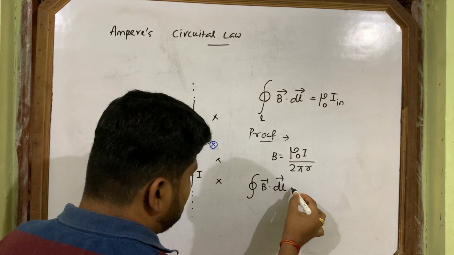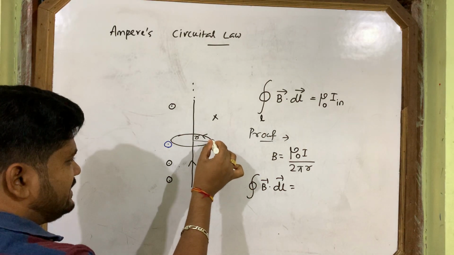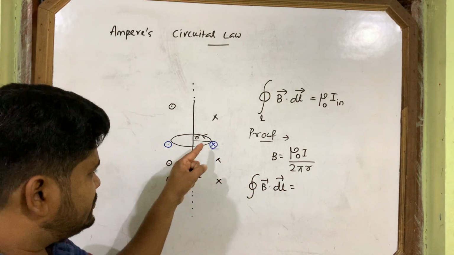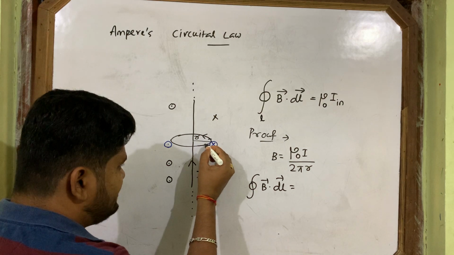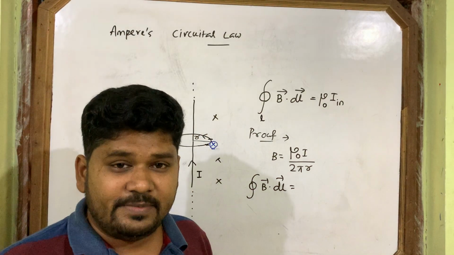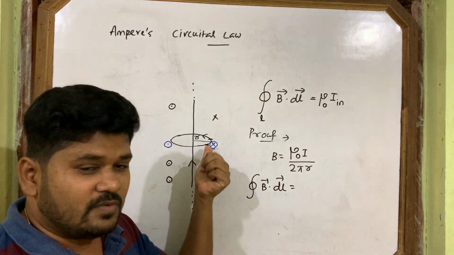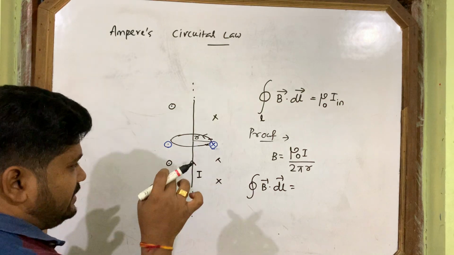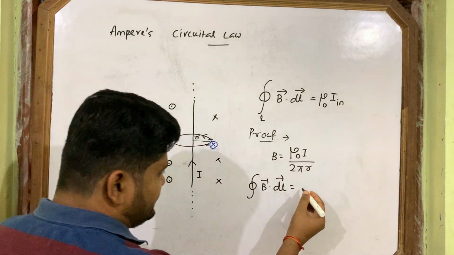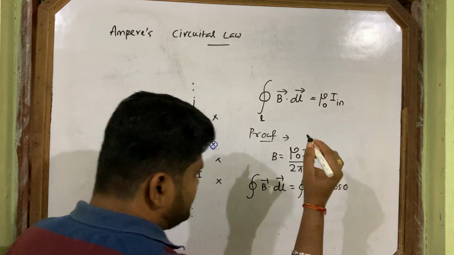B dot dl. So here magnetic field is inward. Also if you consider a small element dl here, that small element dl vector will be tangent to it, tangent inward. So if dl vector is tangent and direction is inward, the angle between B and dl is 0.